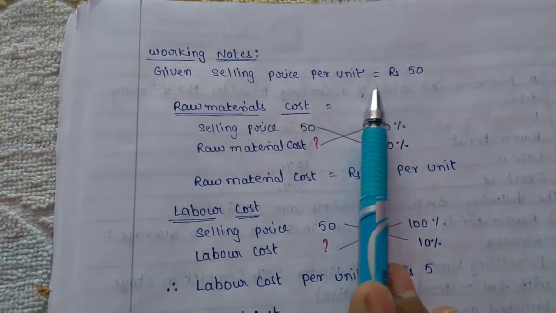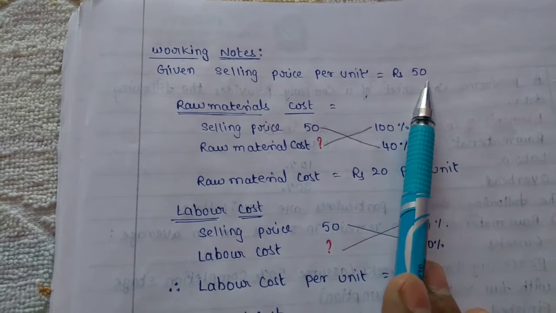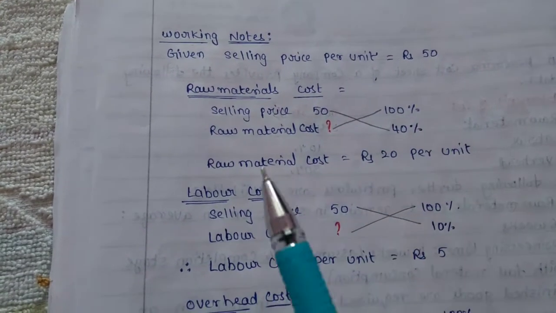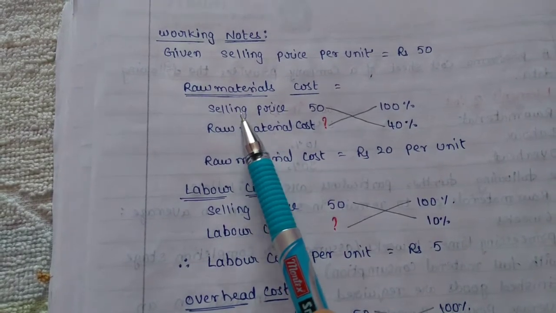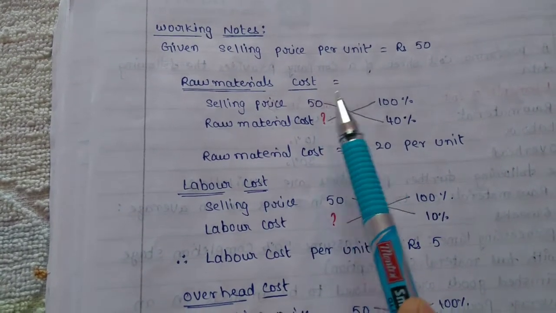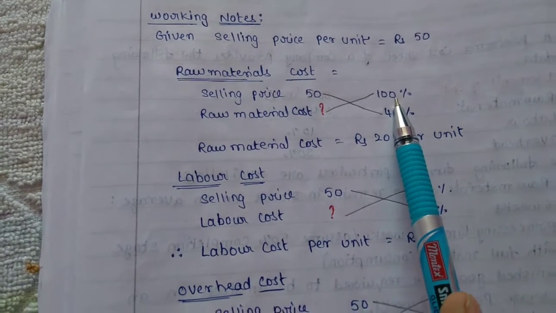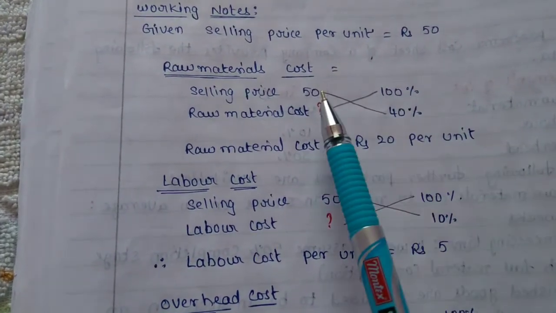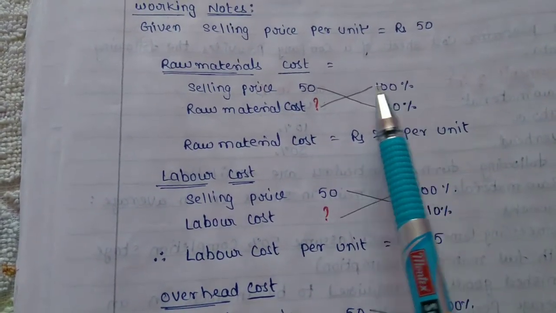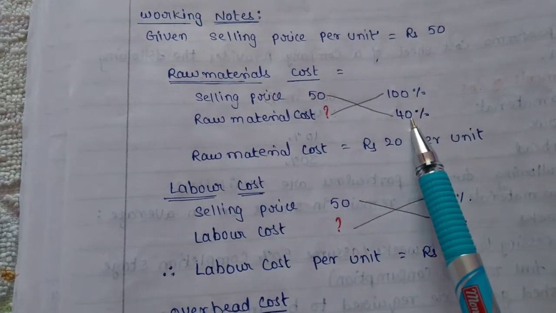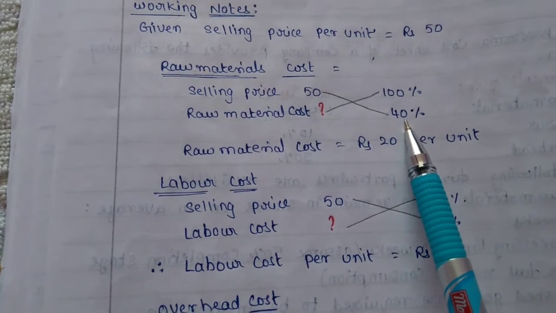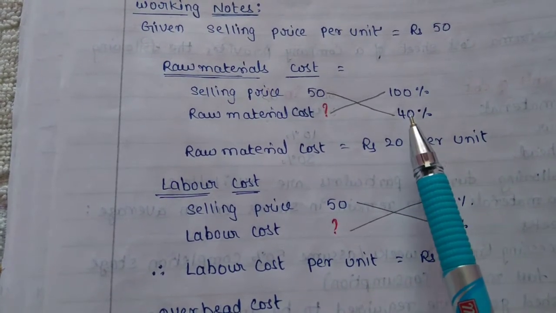Given selling price per unit rupees 50. To calculate raw material cost, assuming selling price 50 rupees as 100%. Now raw material cost we don't know, but we know the percentage of raw material, which is 40.